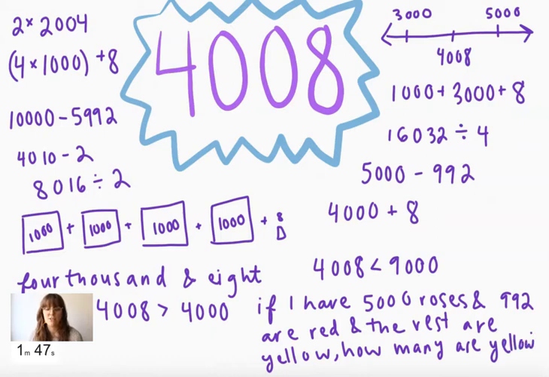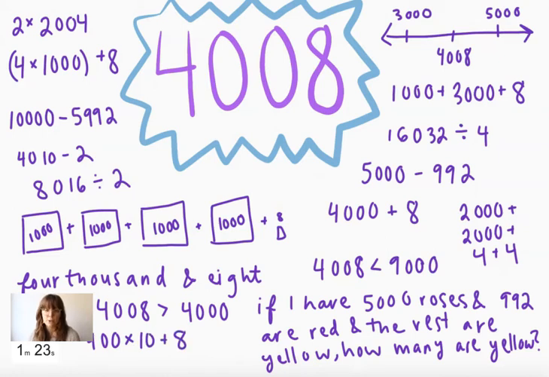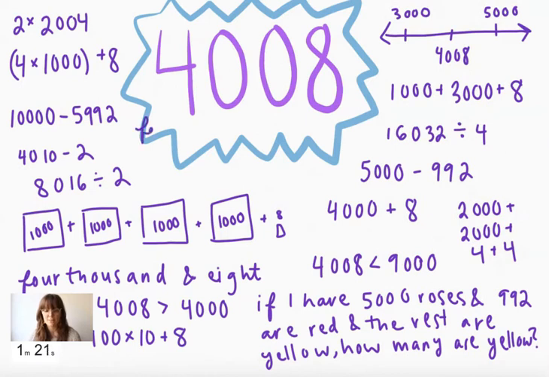For a bit of addition, again, we could say that 2000 plus 2000 plus 4 plus 4 will give us our number. And we could also say that 400 times 10 plus 8 will equal 4008.